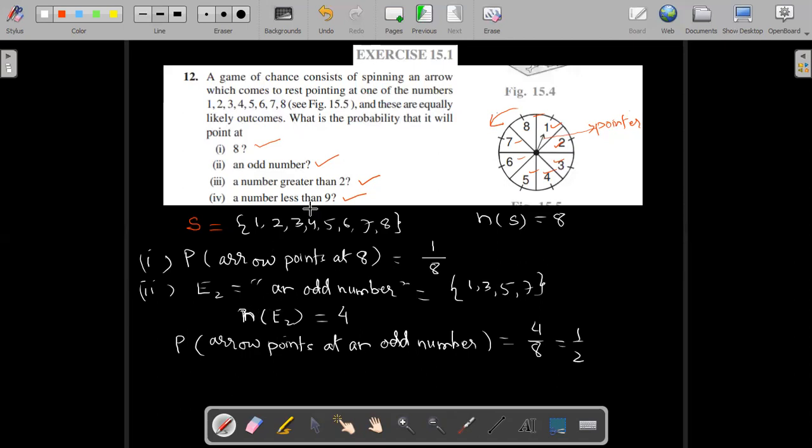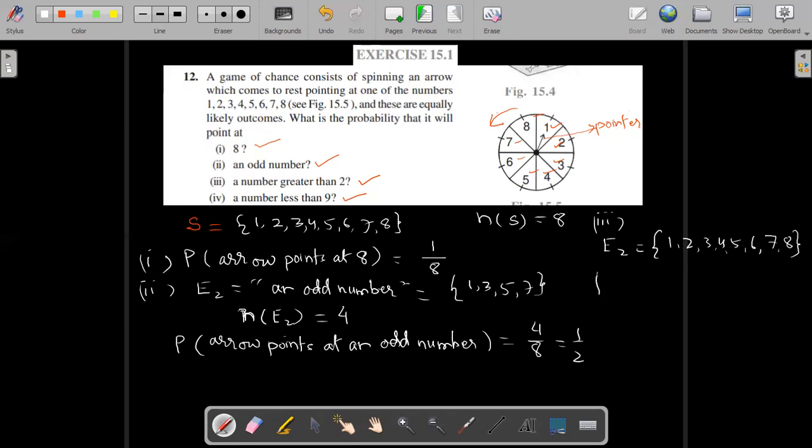And a number less than 9. So we can define the event. Number less than 9, let it be E3 event. So less than 9 means 1, 2, 3, 4, it can be 5, it can be 6, it can be 7. It can be 8 also. All have come. Okay. So all 8 events are giving a number less than 9.